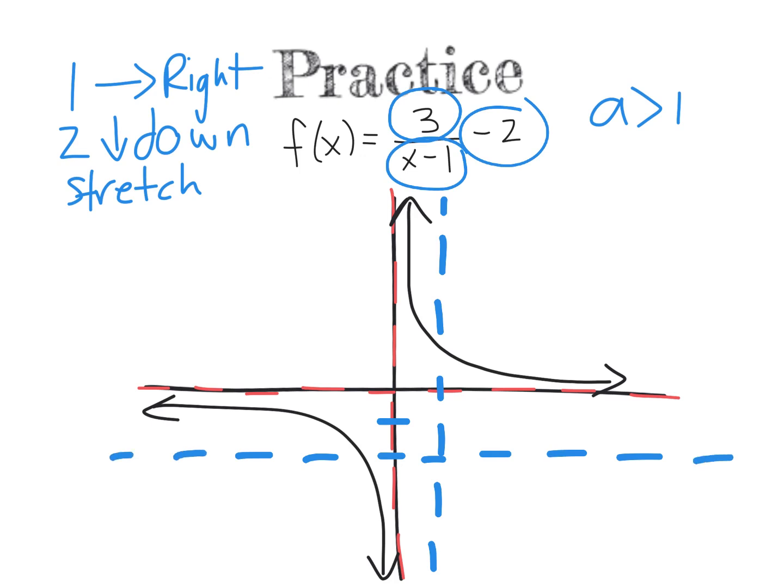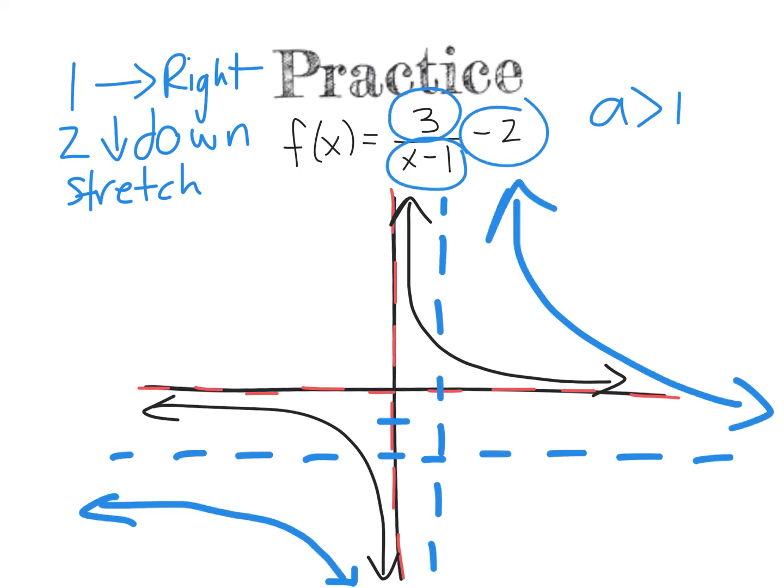And now I can draw my picture. Now, because it's a stretch, I'm going to go really, really far away as much as I can from this graph, just to make it sort of obvious that it's wider and further away from the asymptotes than the previous one. All right, the previous one was a little bit closer to the red dotted lines. Now I'm looking at it further away because it's a stretch.